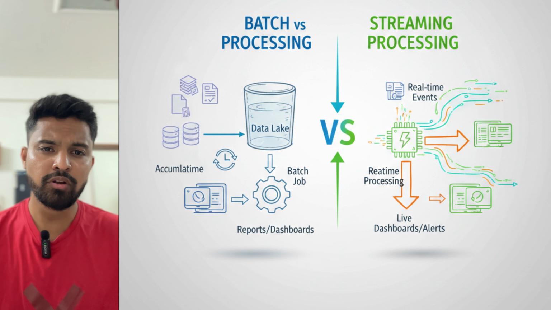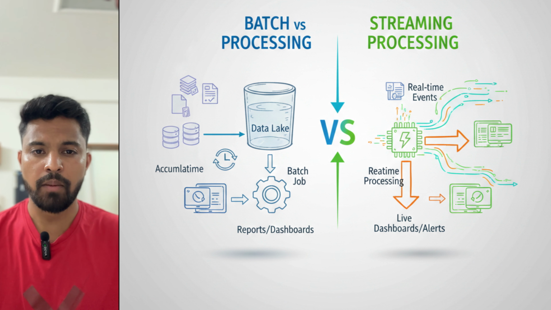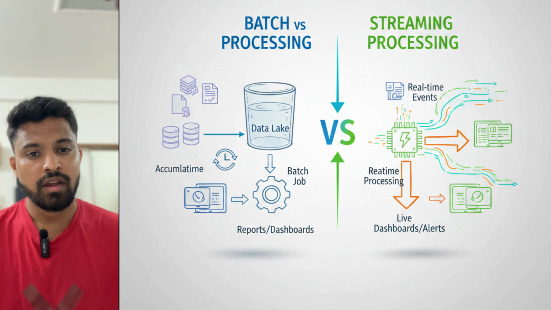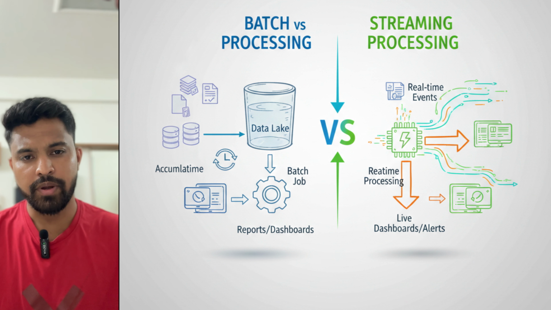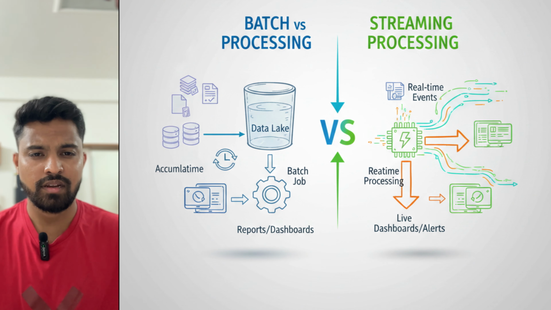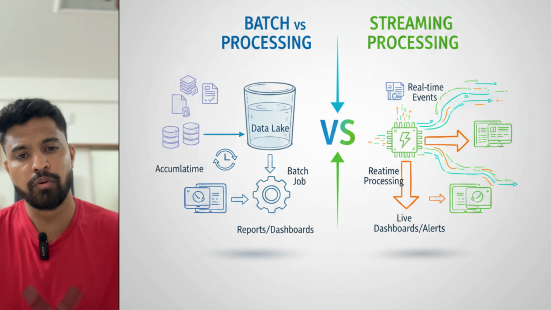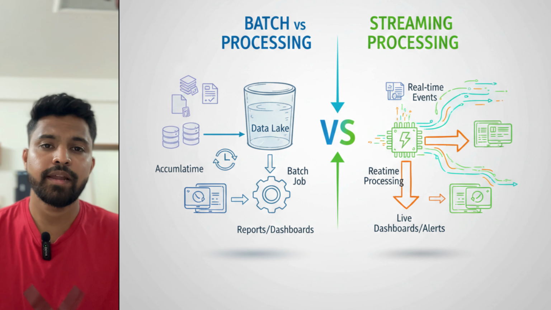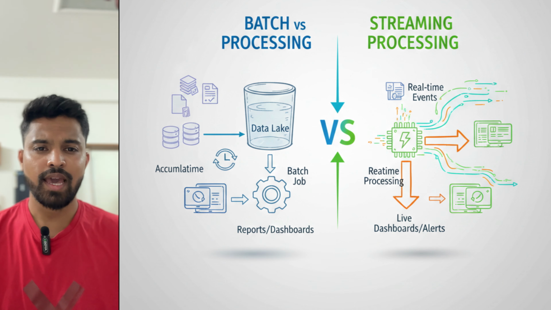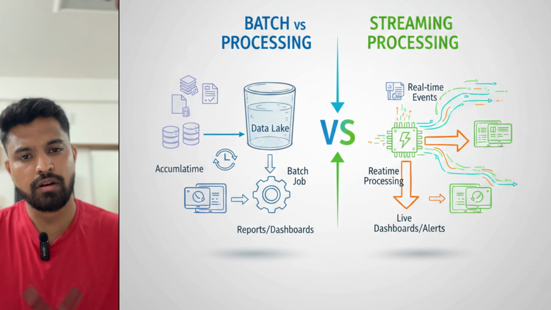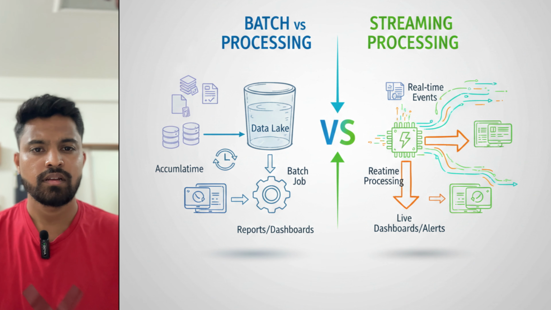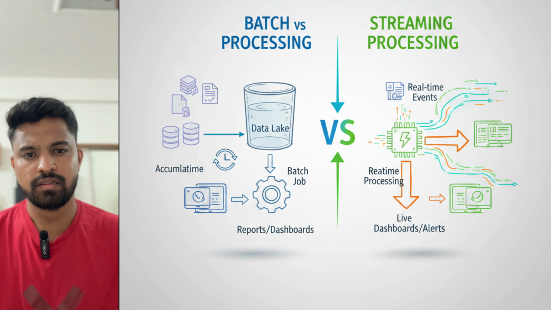The tools we're going to use in batch processing are Apache Spark in batch mode, Hadoop MapReduce, Databricks, and in the cloud, AWS Glue. Also, the characteristics of a batch job are high latency, because we are processing data in chunks.